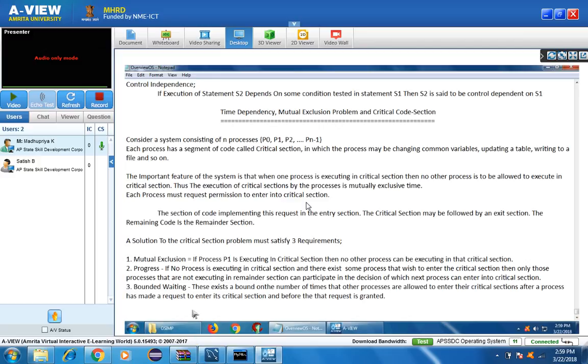And on the basis of this only, we have different algorithms that have been introduced, connected with deadlock handling and all those things.